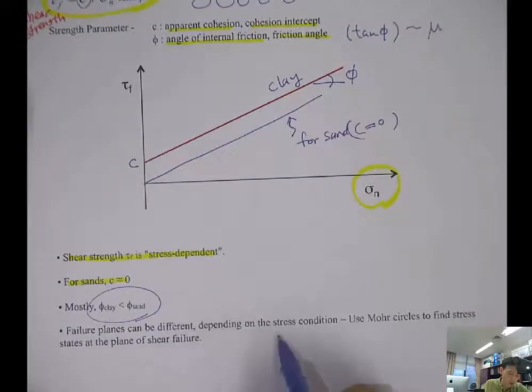The failure plane can be different depending on the stress condition. So we use Mohr circles to find the stress state at the plane of shear failure.